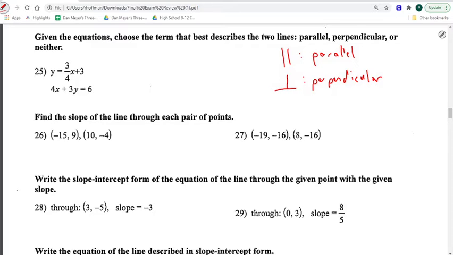The other thing you should associate with these is that parallel lines, when we talk about these slope-intercept form equations and graphing these, parallel lines are going to have the same slope. And perpendicular lines, the slopes are going to be opposite reciprocals.